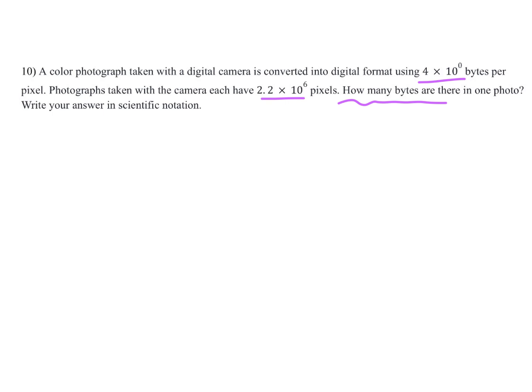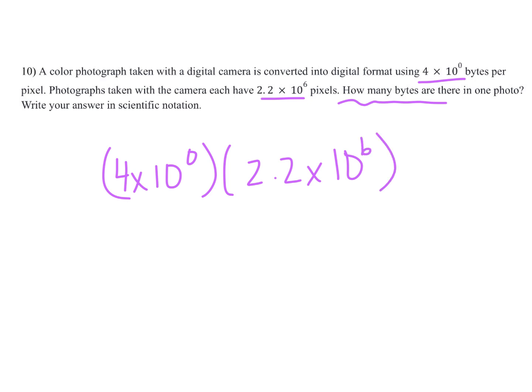Okay, so we would take our digital format, so our bytes per pixel, and we would multiply that by the pixels in the photographs taken with each camera. So you're going to go ahead and carefully multiply those.